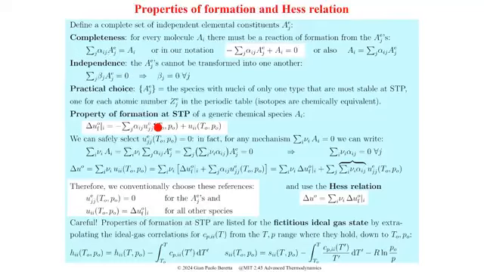Why so? Well, because in your chemical problems, you will have to deal with chemical reactions that have this generic form: 0 equals the sum of the stoichiometric coefficients times the chemical compounds. Now, each chemical compound, like here, can be obtained from the elemental species.